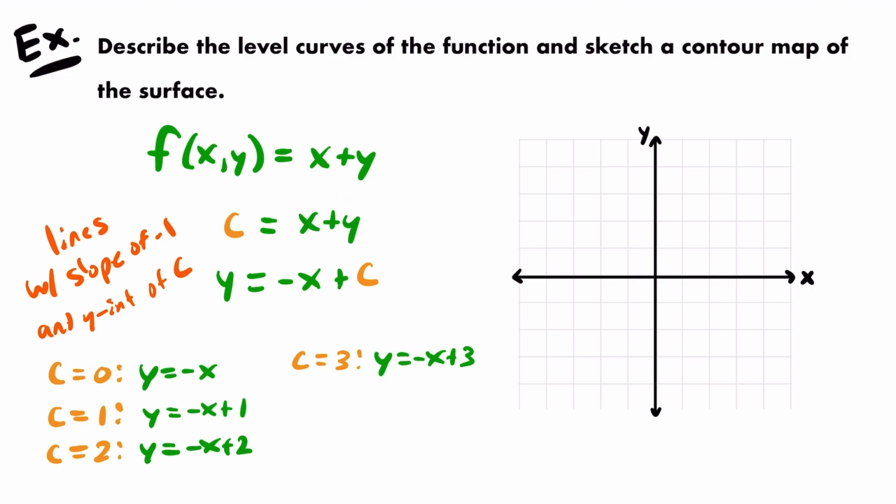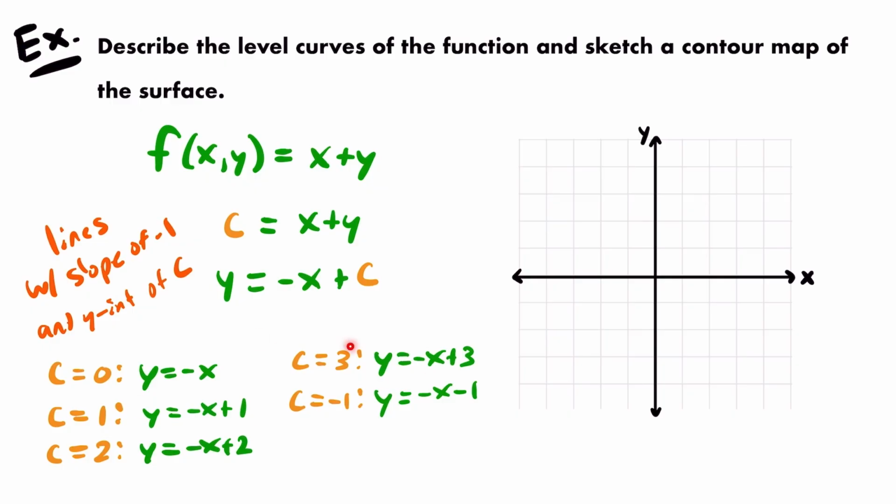It's not always going to be positive. So let's just look at one negative value of c. c equals negative 1. It just decreased by 1 from our initial value of c equals 0. So the spacing is still equal here. All of our values of c increase or decrease by increments of 1. And when c equals negative 1, you'll have negative x minus 1. y will be equal to negative x minus 1.